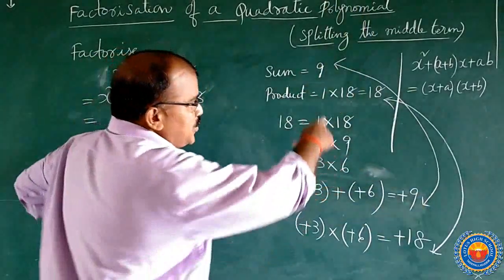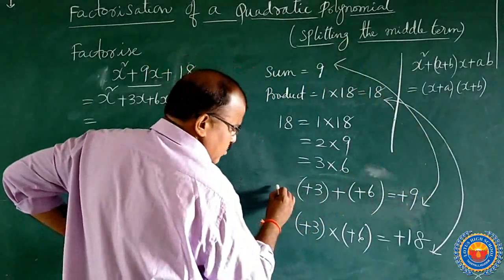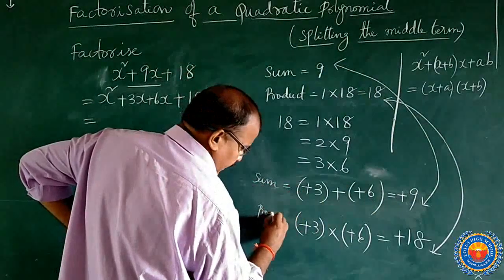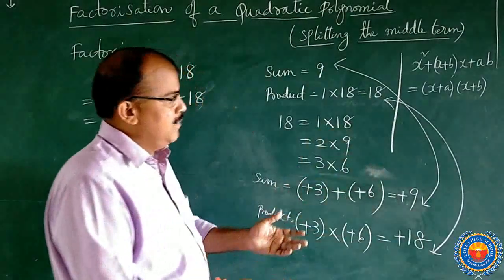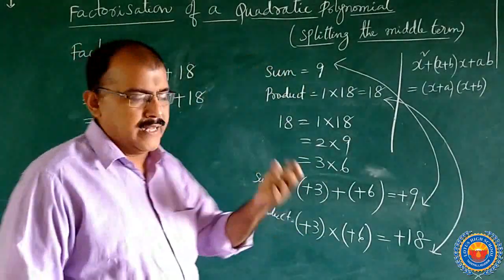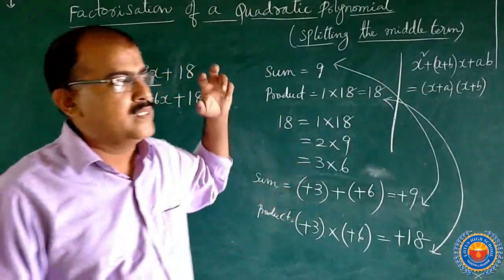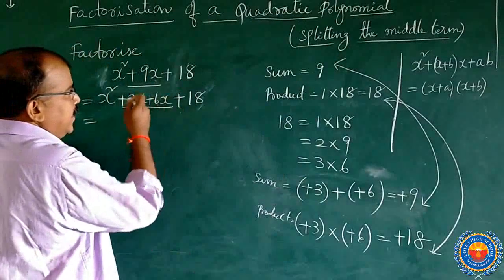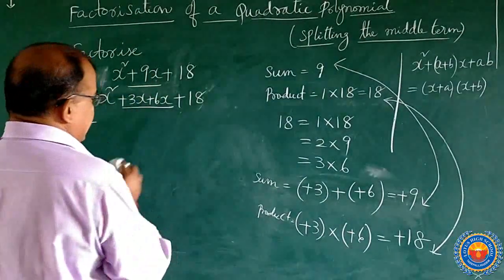Here also the sum is plus 9, and the product matches. Then automatically we can take these numbers, the powerful weapons, plus 3 and plus 6. So by splitting the middle term, plus 9x is equal to plus 3x plus 6x.